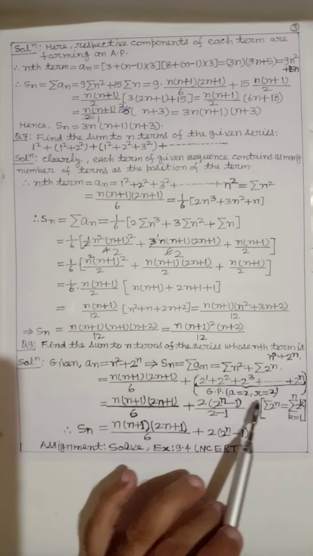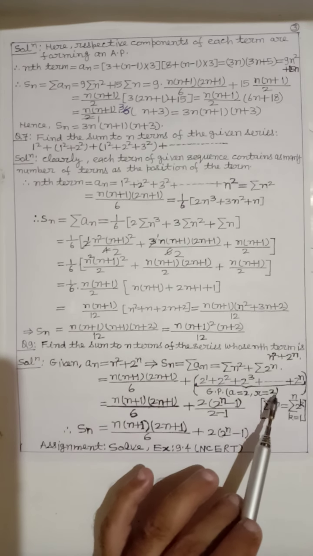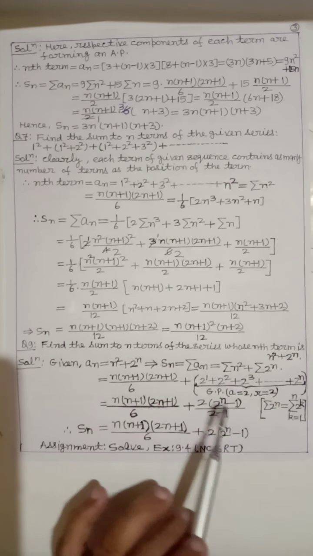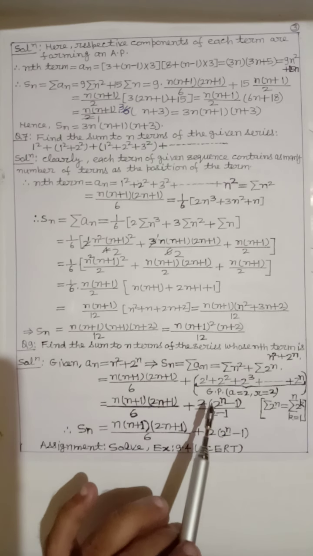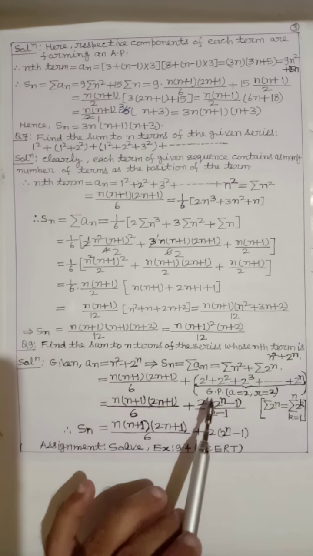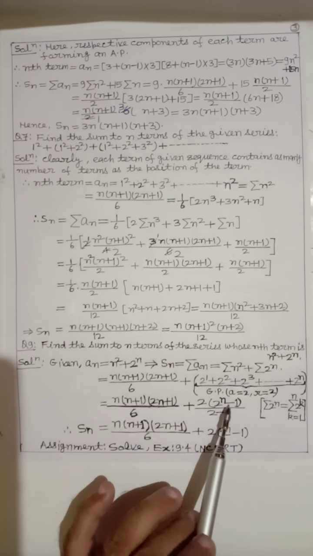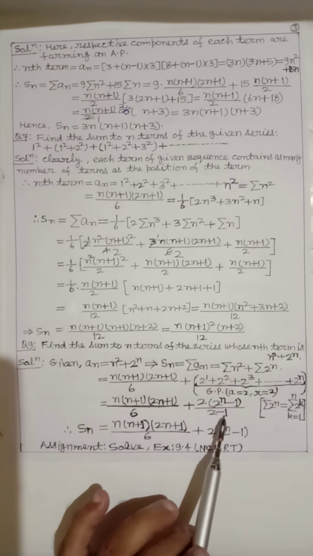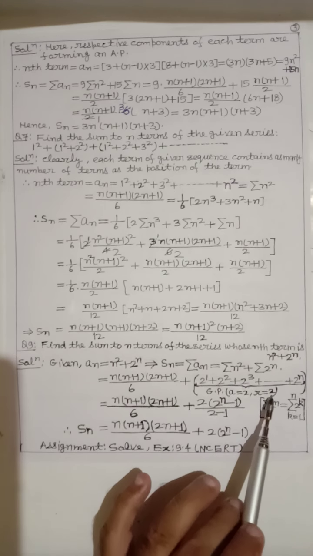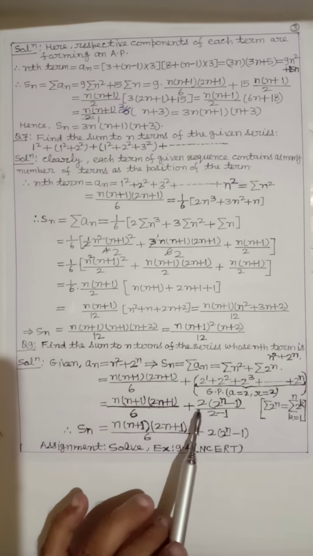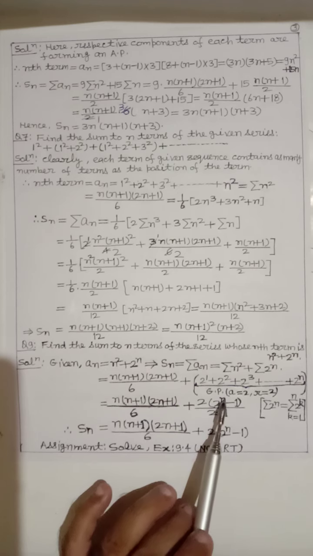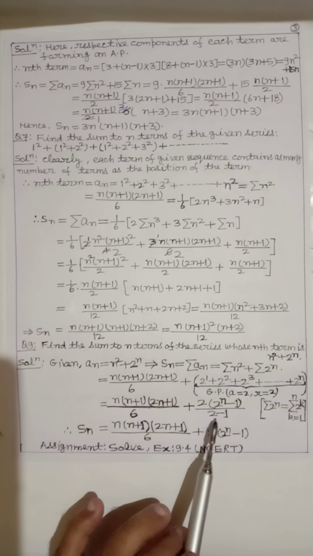Here common ratio r is greater than 1, so we use the formula in GP as Sn equal to a into r to the power n minus 1 by r minus 1 when r is greater than 1. So we have written here 2 into 2 to the power n minus 1 by 2 minus 1.